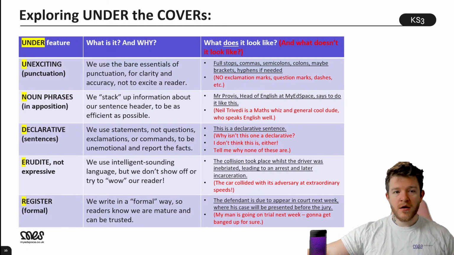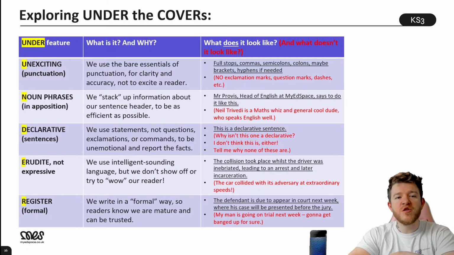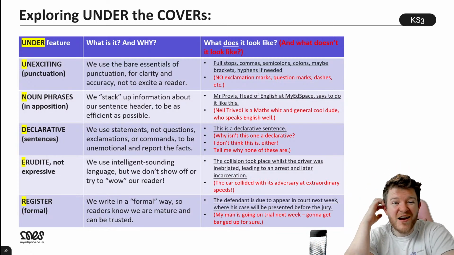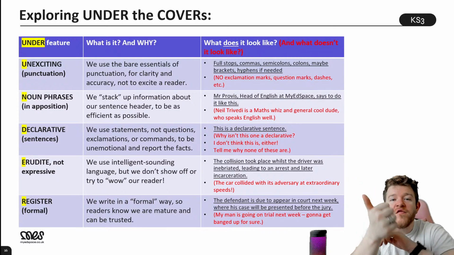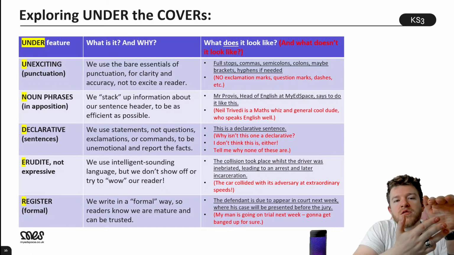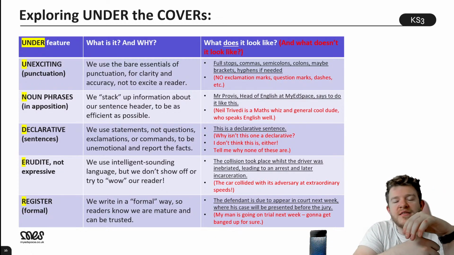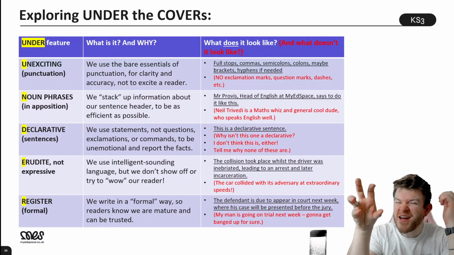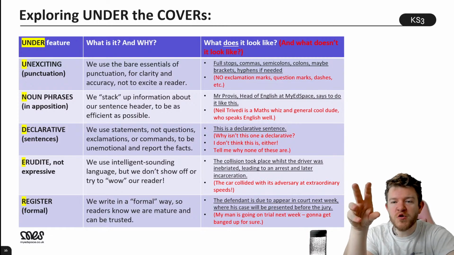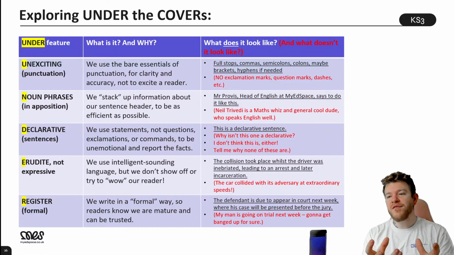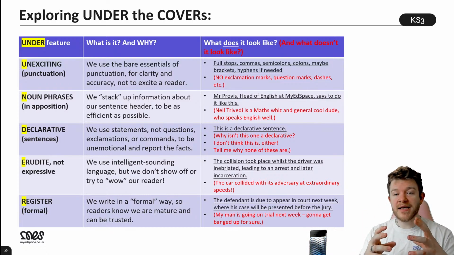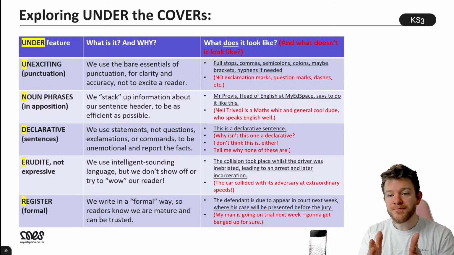So, unexciting punctuation. So we use the bare essentials of punctuation for clarity and accuracy. We're not trying to excite a reader. So we're going to have full stops, commas, semicolons, colons, brackets, hyphens if needed, apostrophes. We're going to have that really basic punctuation to get things across, to make things clear, to communicate effectively, to put things as briefly as they need to be.